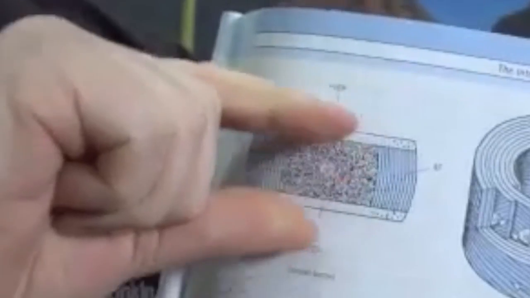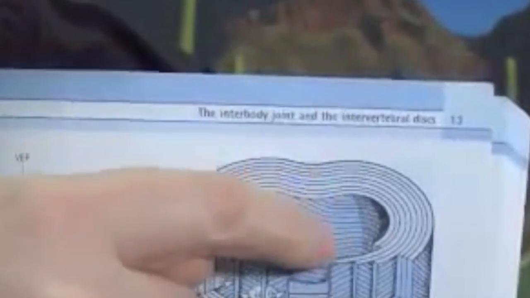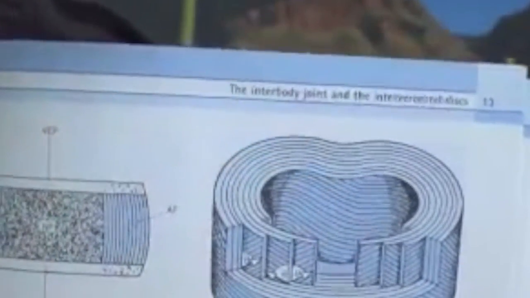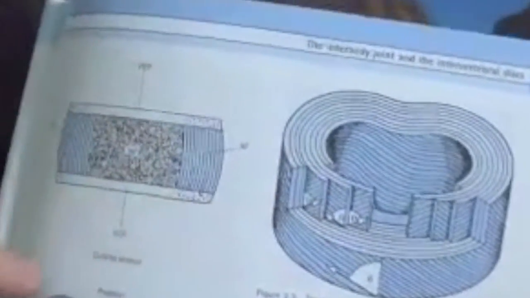This is the disc standing on its side and a cross cut of it, and you can see those layers that go around and around, and the nucleus inside there. This is another view of the disc too, and the hollow part on the inside is where the jelly, the nucleus pulposus, goes. You can see how there are layers that go round and round, and the disc is a brilliant design because it allows for movement in the spine.